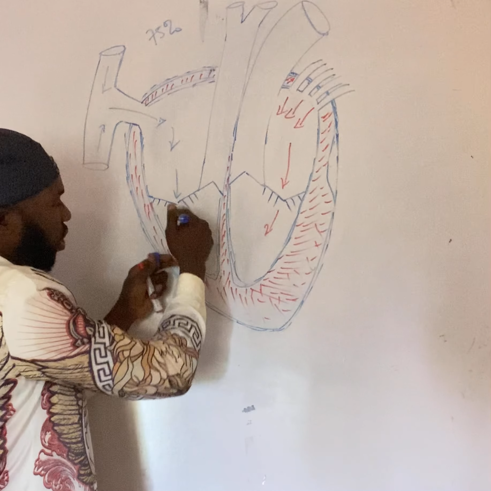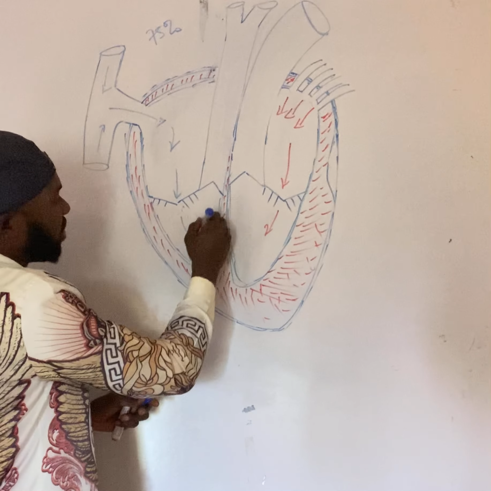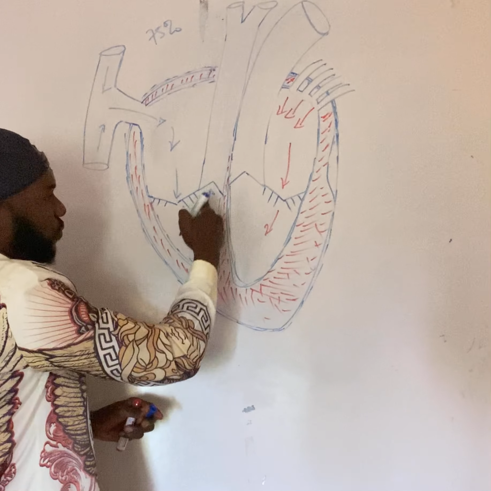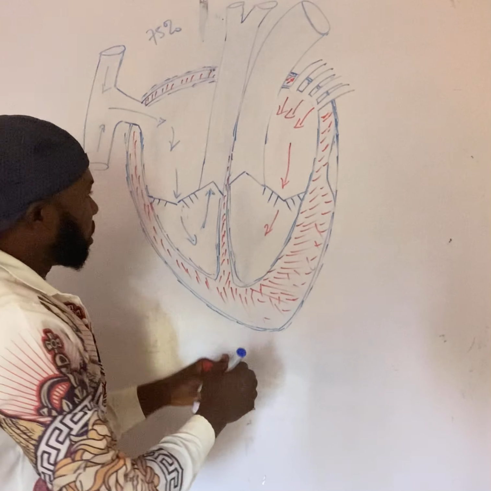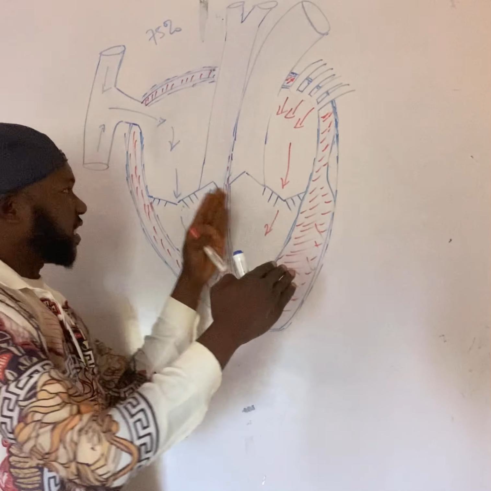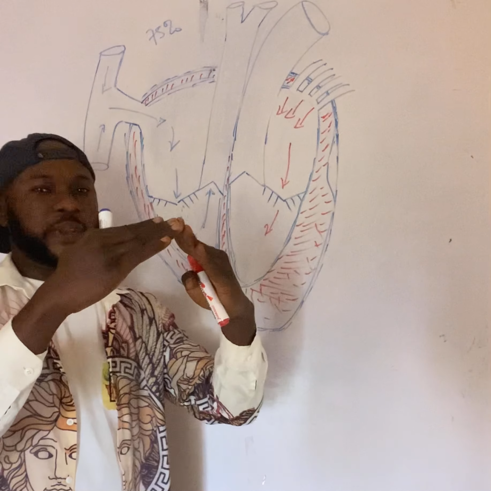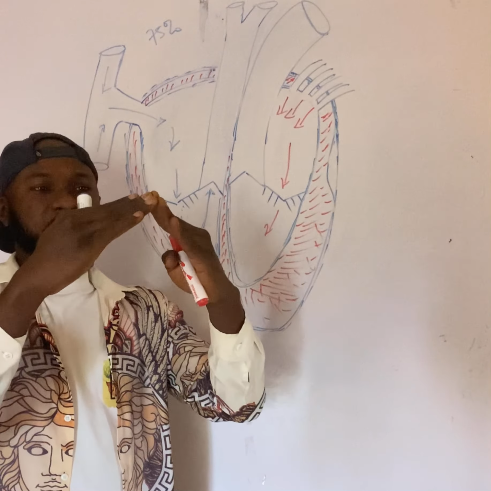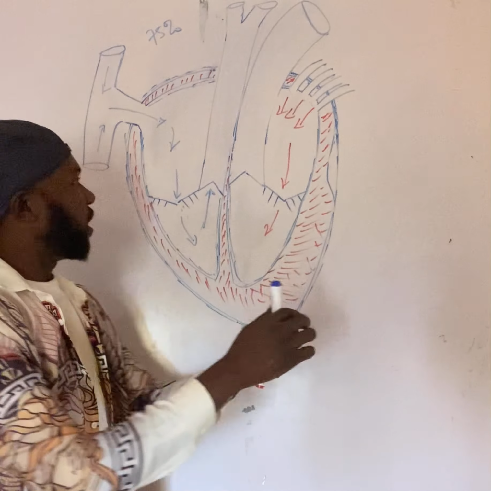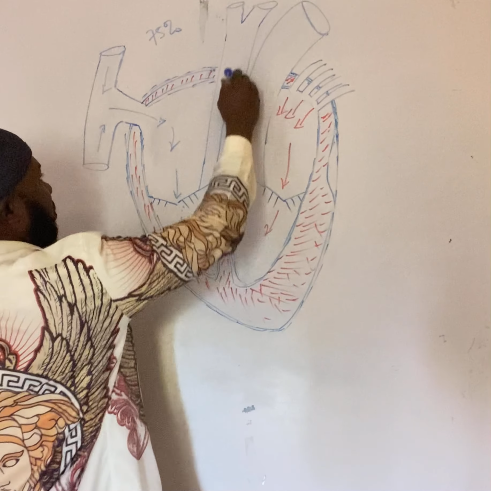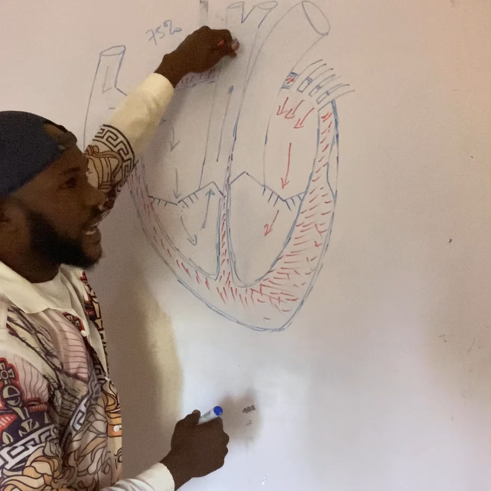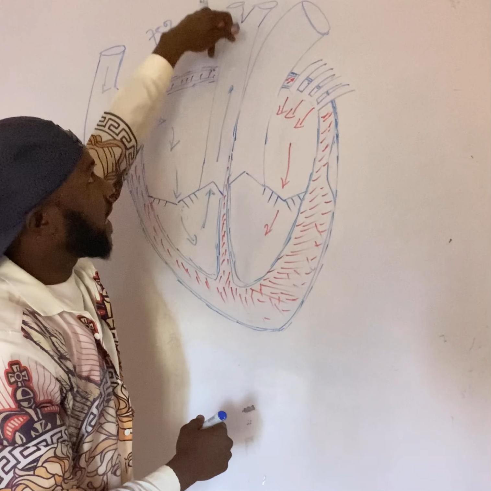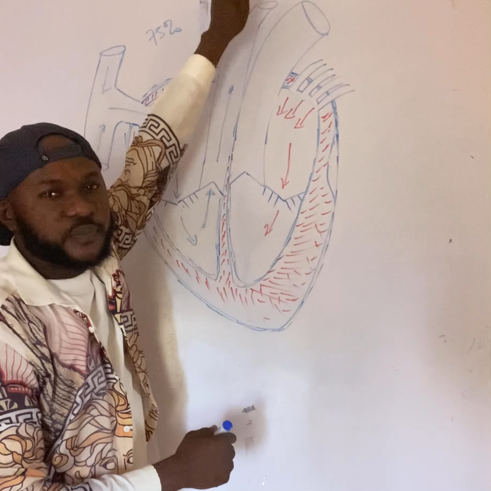So this blood has no option again than to follow this pathway, to follow this artery. Okay, so this artery that is semilunar, that has a shape like half of the moon, will easily open. Okay, and the blood will flow like this, move up through the pulmonary artery, and goes to the lungs.